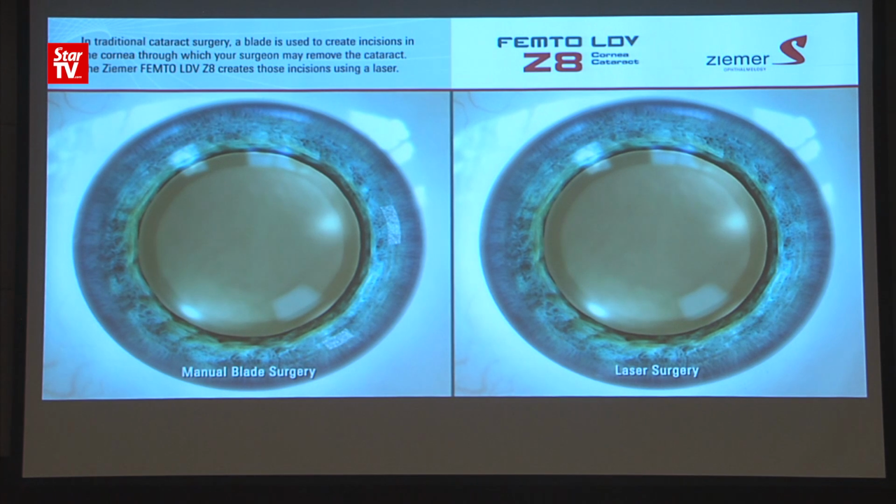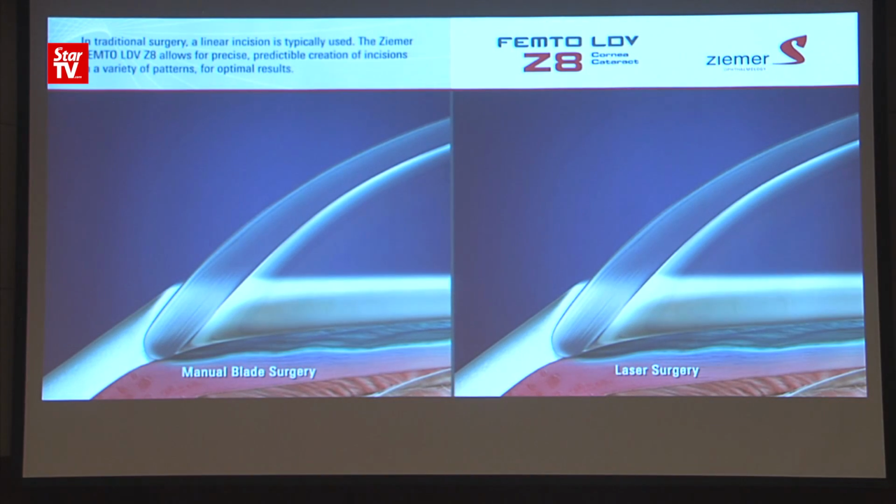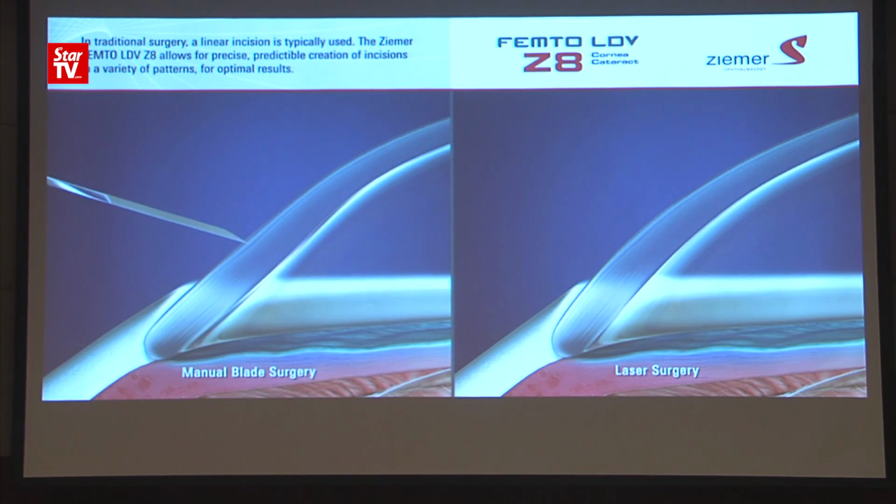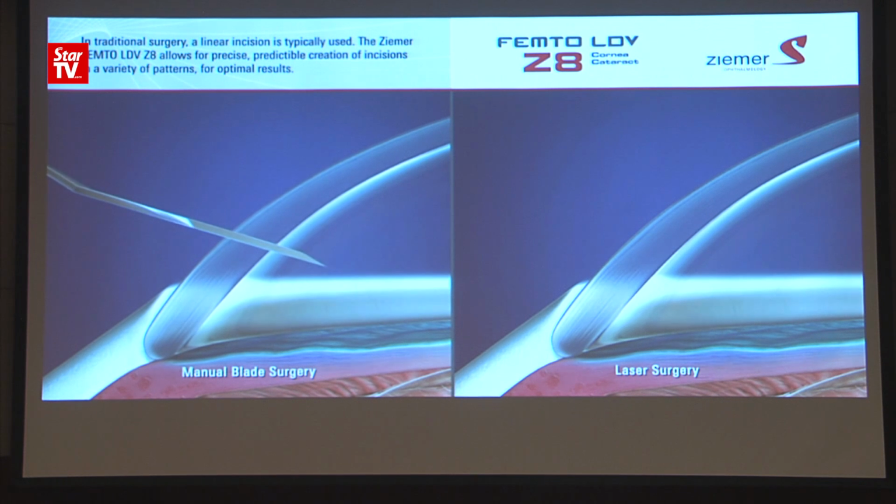The Ziemer Z8 laser creates these incisions using a beam of laser light, providing very precise and customized incisions with Swiss engineered accuracy. When performing cataract surgery with a blade, a linear incision is typically created. The Ziemer Z8 laser allows for the predictable creation of incisions in a variety of patterns for optimal results. Incisions made with the Ziemer Z8 laser typically heal on their own without the need for sutures.